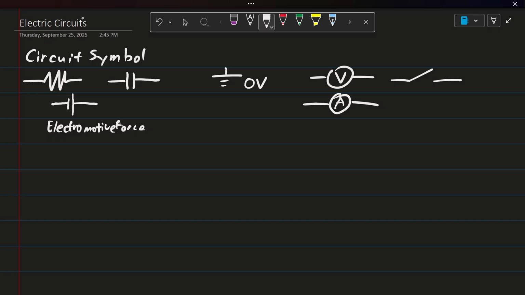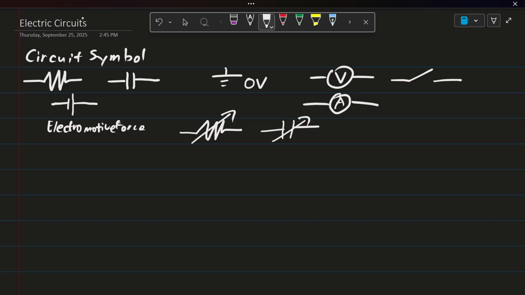Also sometimes the resistor as well as the capacitor could be changed depending on your desire. So something like a resistor where you can change its value, we will call this a variable resistor. And the same thing goes for capacitors. You could have the sign.